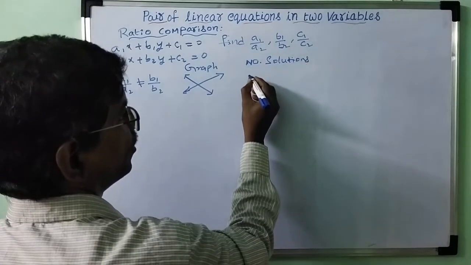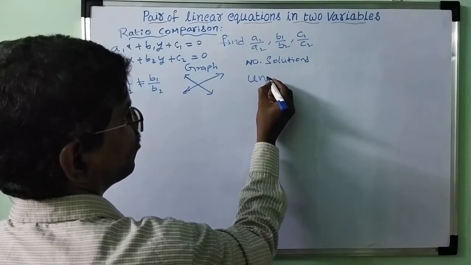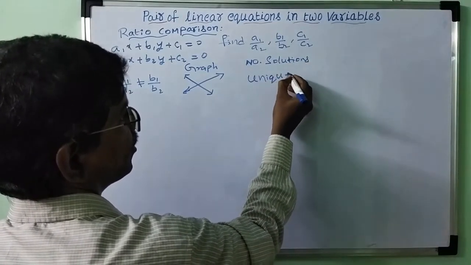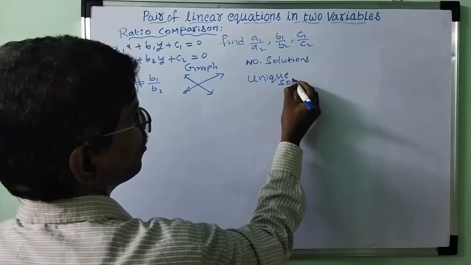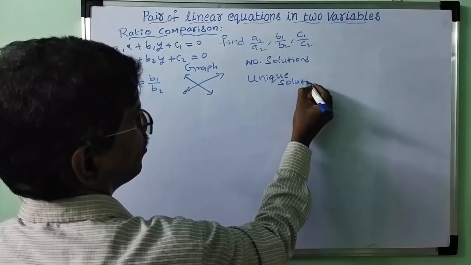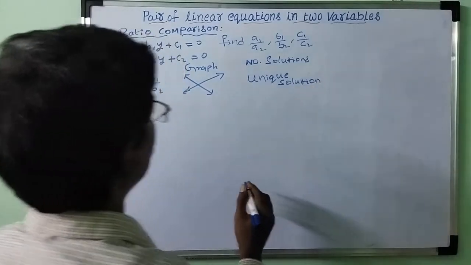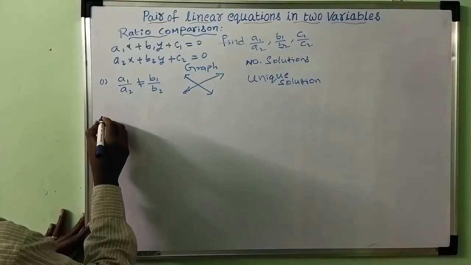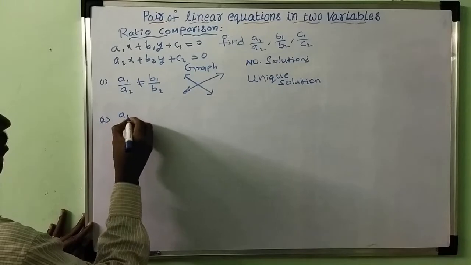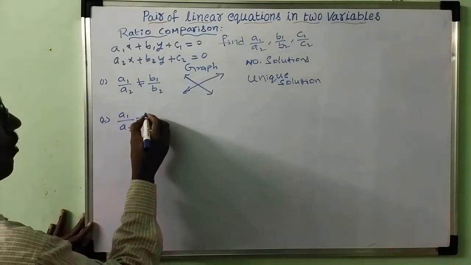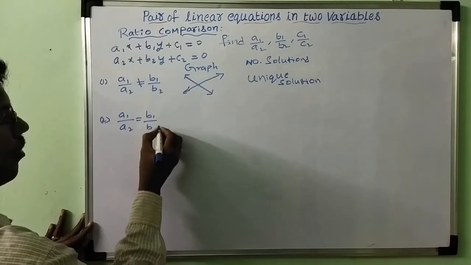Number of solutions are how many common points? One common point only. So they contain a unique solution.